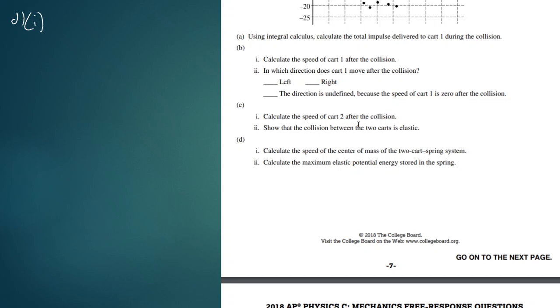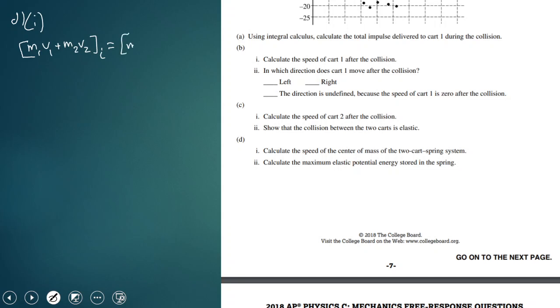And so what we have is M1, sorry, I should write 1 as a subscript. So M1 V1 initial. I'll write this again just for completion. Is equal to, now we want to find the speed of the two-cart spring system. So now we can combine.